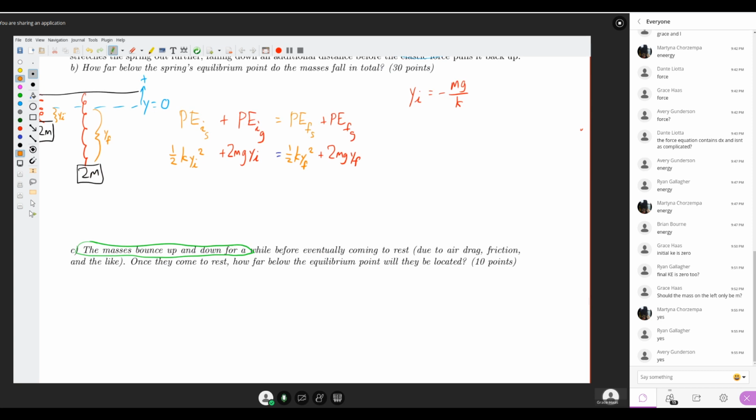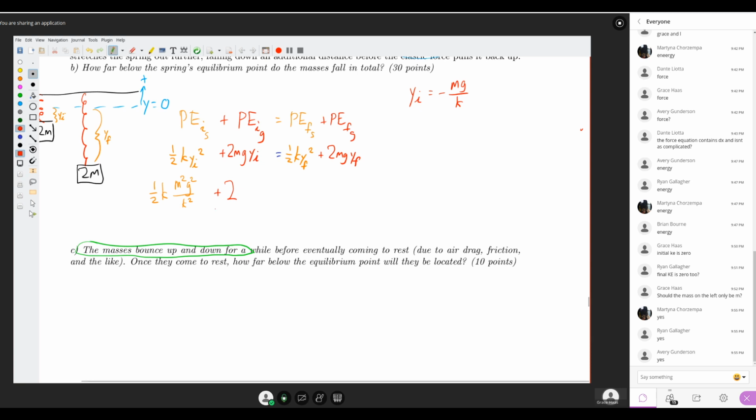So let's put this in. I have 1/2 k times y initial squared. So that's going to be times m squared g squared over k squared plus 2mg times that.